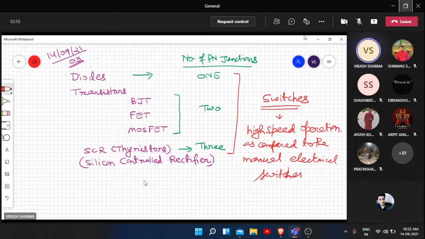So we are using these diodes, BJT, FET, MOSFET, or even thyristor as a switch.